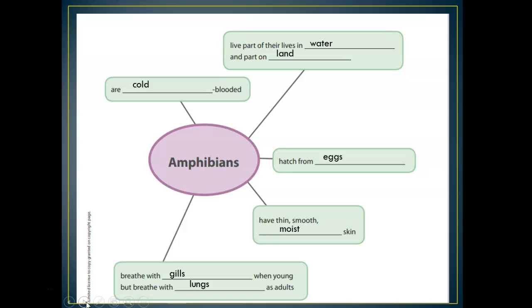And when we used to have tadpoles and we would watch them grow as a class, we would see, after a few months, the little tadpole would start coming up and he would lay his head on the rock. His body would be immersed in the water, but he would lay his head up on the rock.